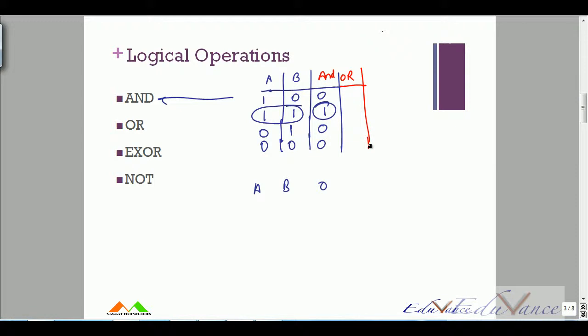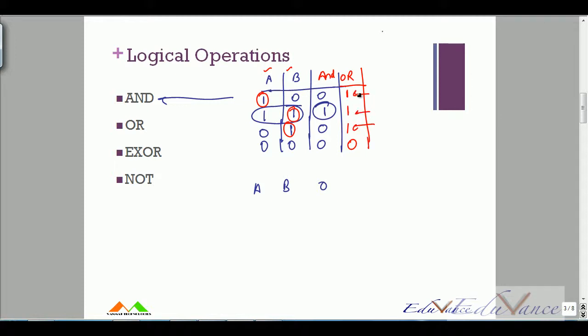So looking at OR, if A is 1, B is 0, the output is 1. If A is 1, B is 1, output is 1. If A is 0, B is 1, output is 1. If A is 0, B is 0, output is 0. So in effect, if any one of these inputs is 1, then the output is 1.